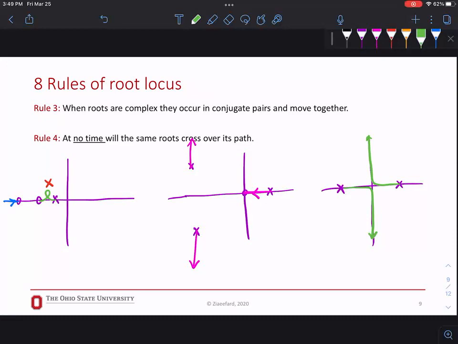Yeah. It's always going to be real. It is going to be always not vertical, yeah. Going to cross the real axis, or the deviated... it's on the real axis. That's the imaginary axis. Oh, sorry.